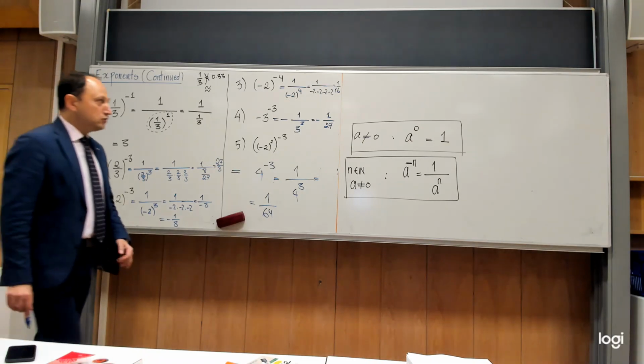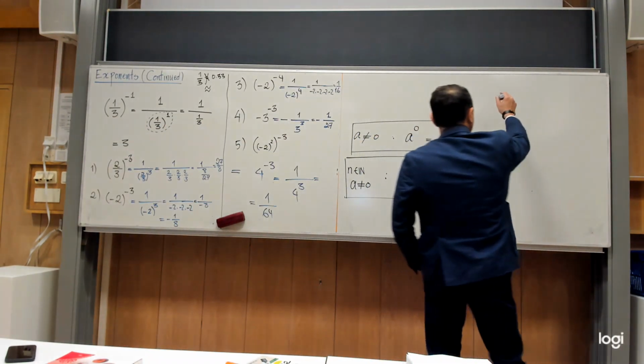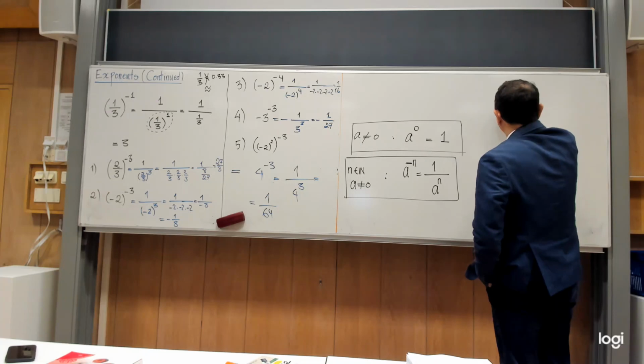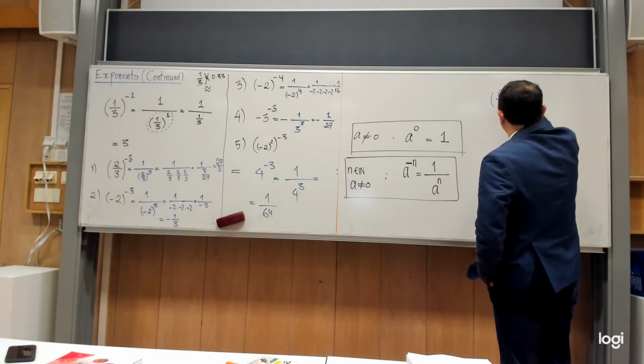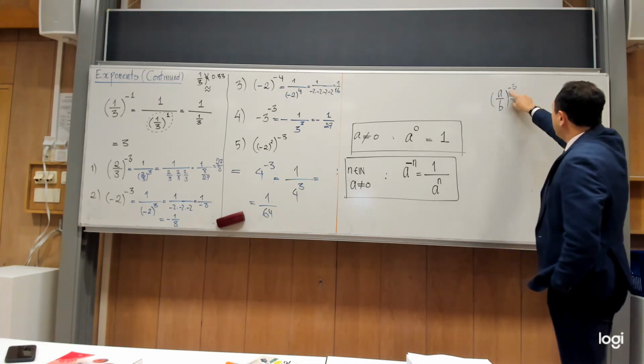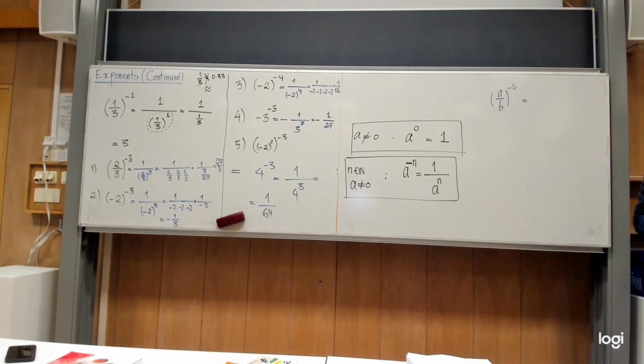So can you have a rule of thumb about this scenario? If I have a fraction and I give you minus 3, if I want to write it with positive exponent, can you have a rule of thumb to do it quickly? Of course, you can start everything from scratch, but I want you to do it faster.